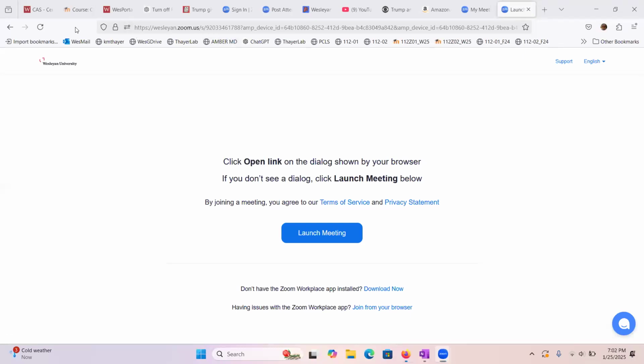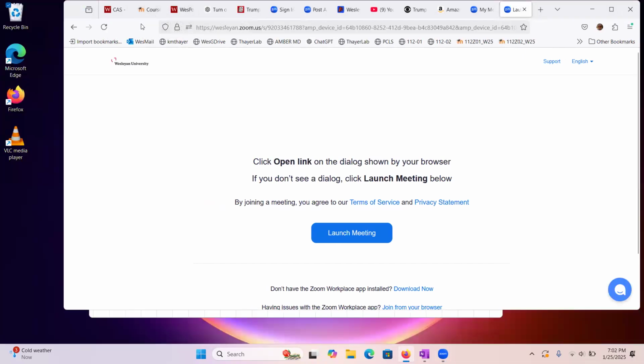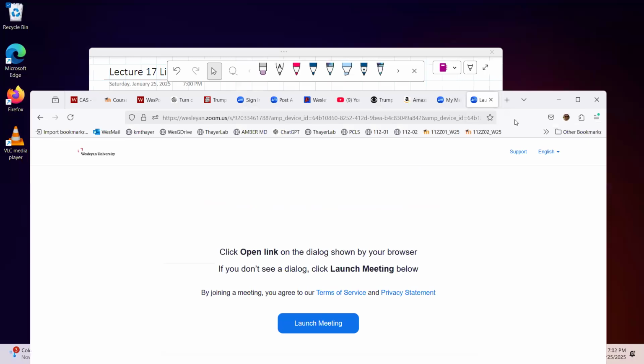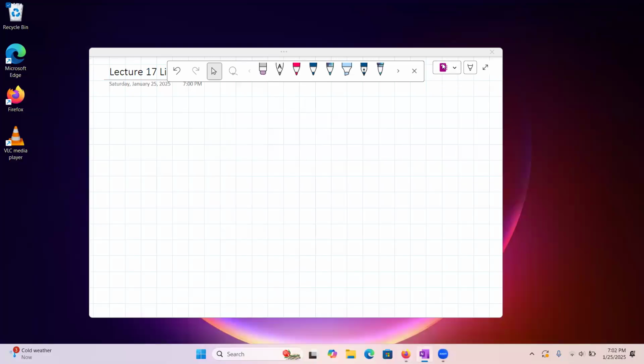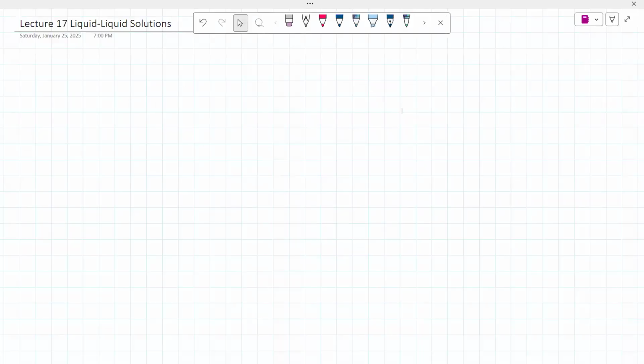So let's do this the usual way. I will now share my screen with you, and need to go here and put this down. Getting the Zoom meeting up and running, and now let's put this in full screen mode. I wish this Zoom thing would get out of the way.